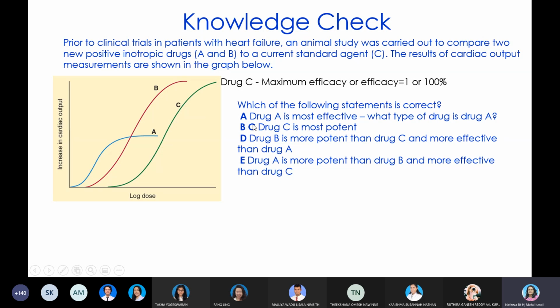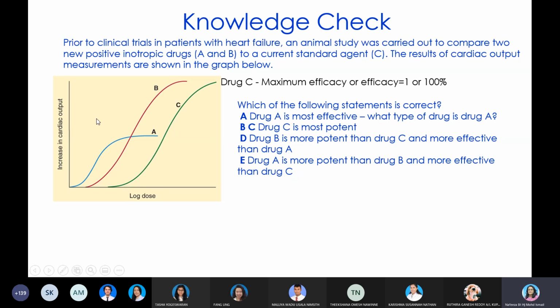Drug B is more potent than drug C because you use a lower dose to achieve maximum efficacy, whereas for drug C the dose is higher. So drug B is more potent than drug C and more effective than drug A because drug A is a partial agonist.